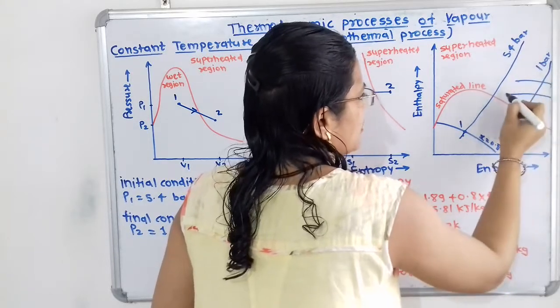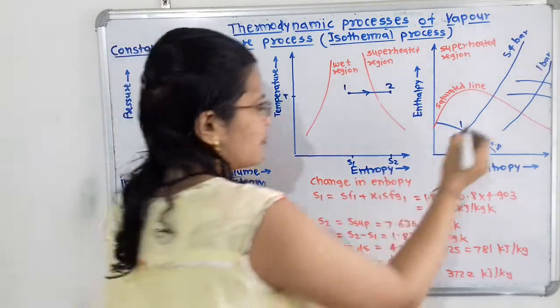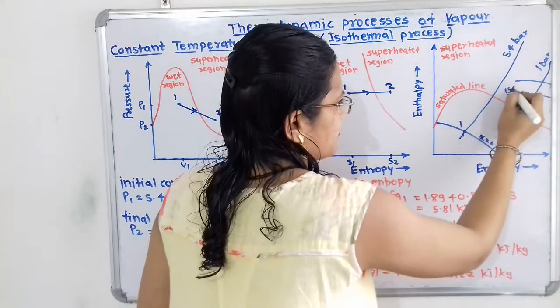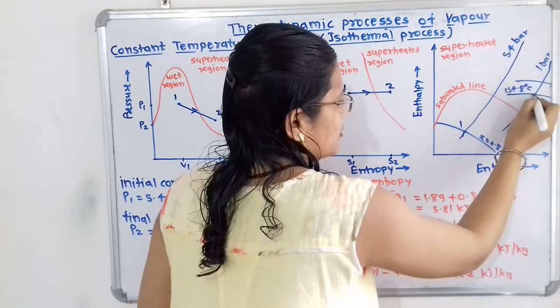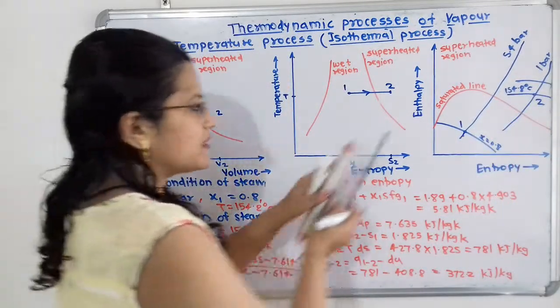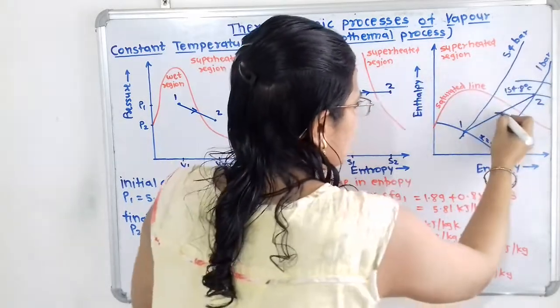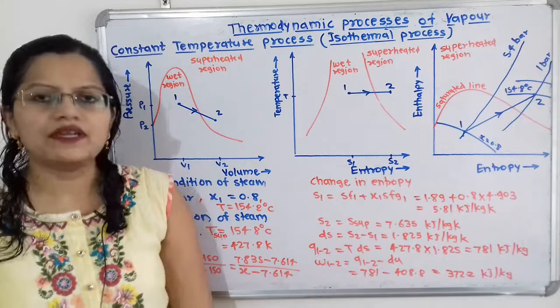Suppose this is the temperature of 154.8 degrees Celsius. Then this point of intersection is nothing but point 2. Now when we join point 1 and 2, this is the process 1 to 2 in the enthalpy entropy diagram.